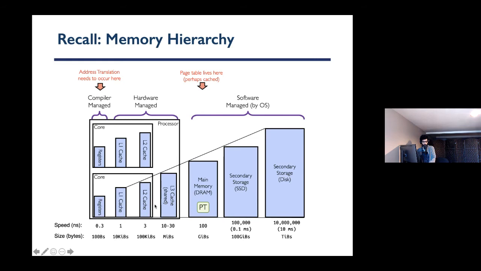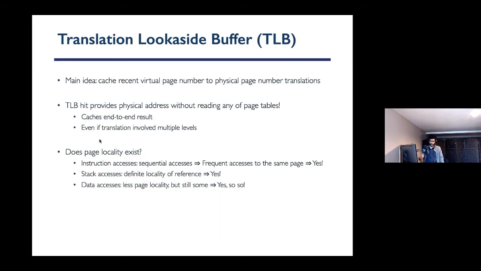To speed up our program, we want to cache the translations very close to the processor, so that each translation is done super fast. Okay, so that's the main idea, to basically cache the recent virtual to physical translations.